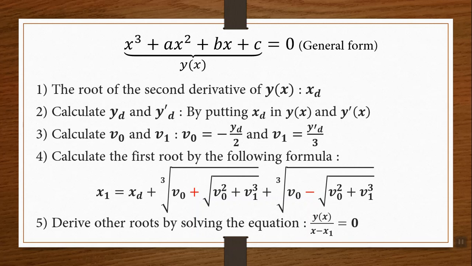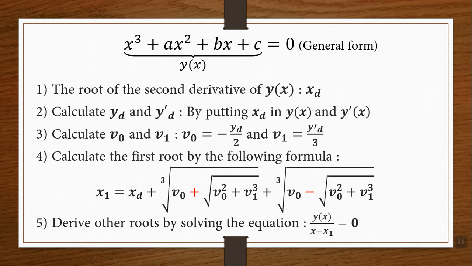The second step is to calculate yd and y prime of d by putting xd, the root of the second derivative, in y of x and y prime of x.